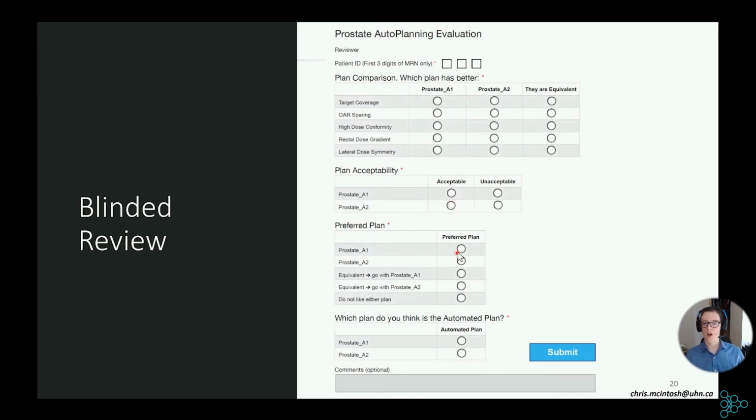And then they could check off which plan they preferred, if they were equivalent but wanted to use one plan, or if they didn't like either plan and they needed something else, to, of course, protect patient care, since obviously that's always the priority. And finally, we did a modified Turing test. Effectively, we asked them which plan they thought was the automated plan, to gauge their ability to identify AI versus manual.